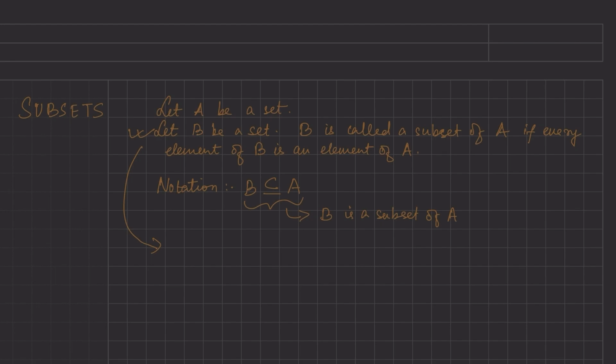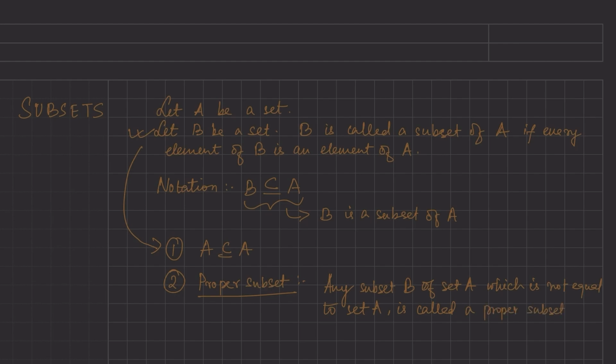So the first statement that we can derive from the definition is the set A is itself a subset of A. Another definition that we can derive from this particular definition of subset is the concept of proper subset. Any subset B of set A which is not equal to set A is called a proper subset.